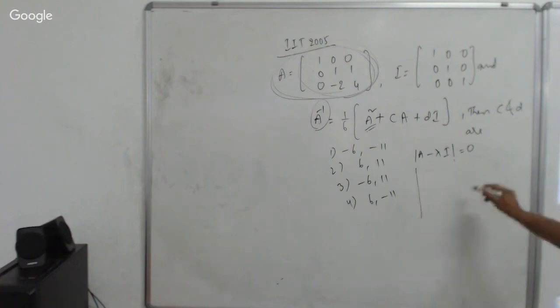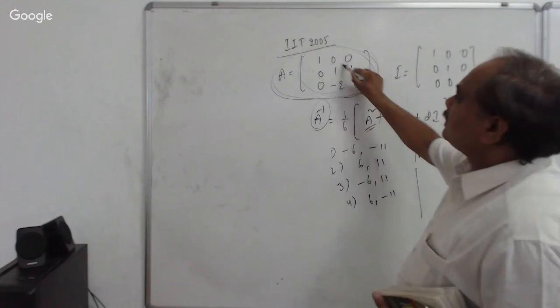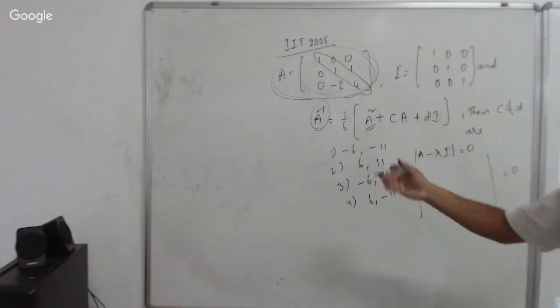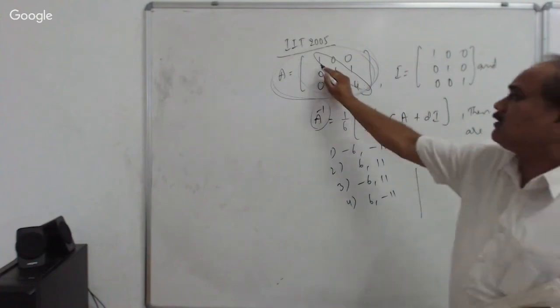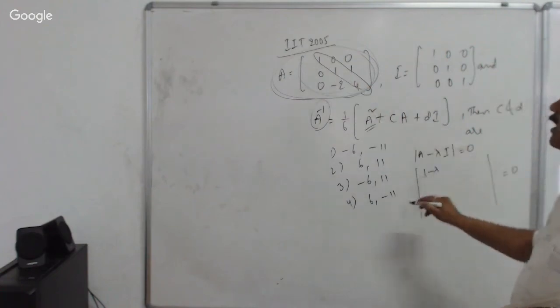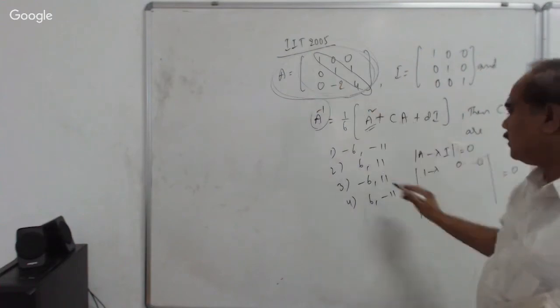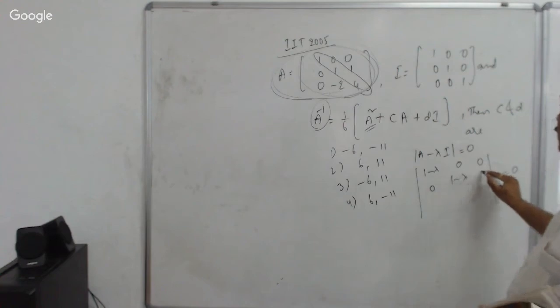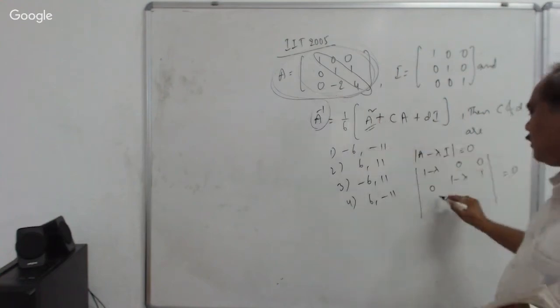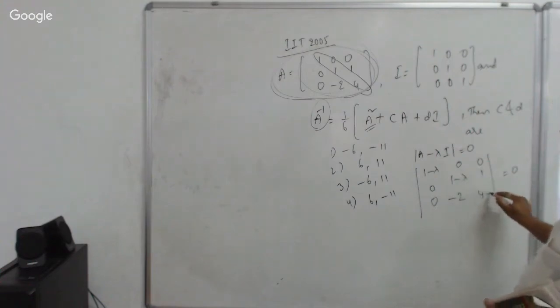That is, for diagonal elements write minus lambda, the remaining the same: 1 minus lambda, 0, 0; 0, 1 minus lambda, 1; 0, minus 2, 4 minus lambda.